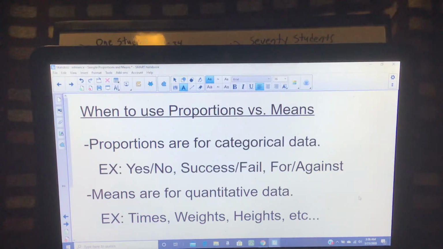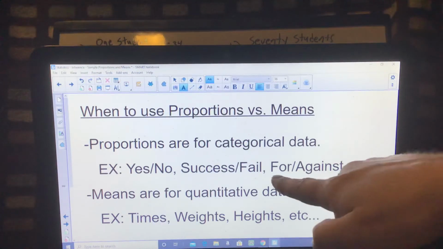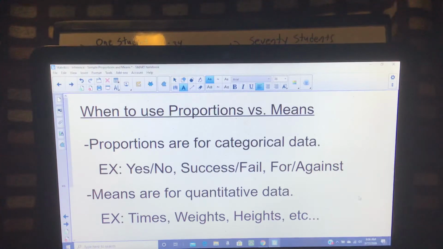Proportions are percents. So if you have any kind of thing that can be represented as a percent, and they're usually used for categorical data, like yes and no, success, fail, for and against. Like when we were talking about, do you like Donald Trump or do you like Obama? That was a for or against kind of question. It fits into categorical data and fits into being a percentage.